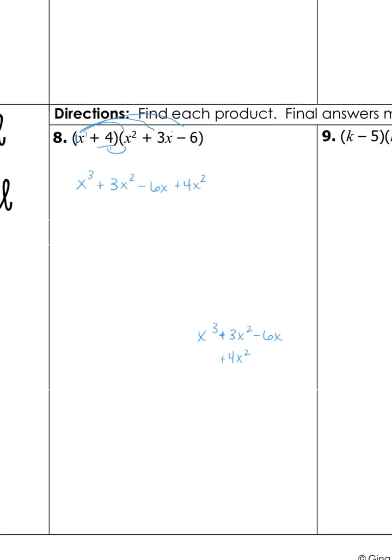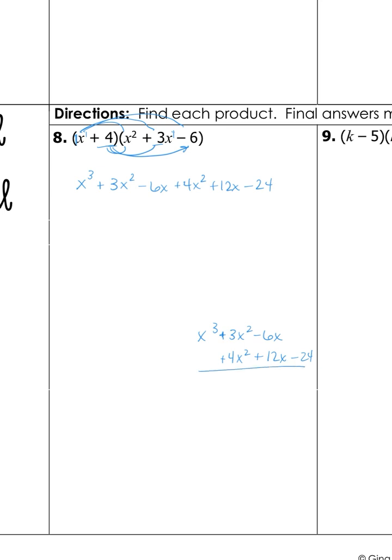And then I've got 4 times 3x, so 4 times 3 is 12. There's no x there, but I have an x to the first, so x to the first. So this is going to be plus 12x. And then 4 times negative 6 is going to give me negative 24. So I'm going to stick negative 24.